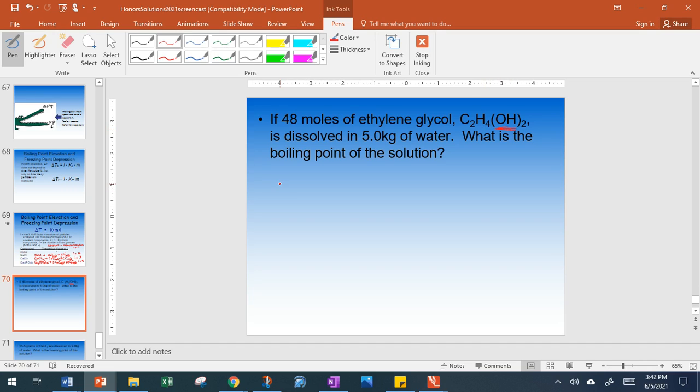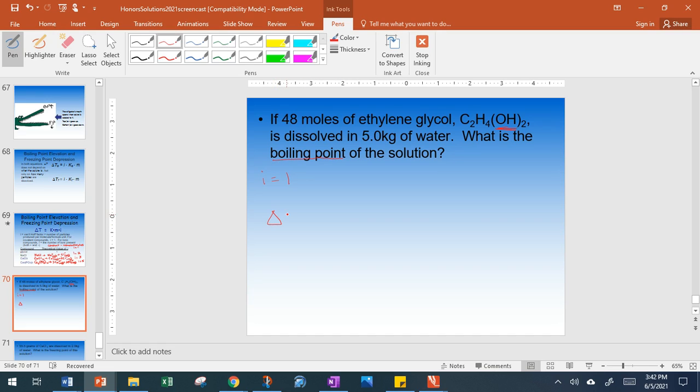So this is covalent. So in this case, i is equal to 1. So always be careful if you see a hydroxy group. Only assume it's ionic if you see it paired up with a metal. If you see it paired up with carbon and hydrogen, then you have an alcohol, which will have an i equal to 1. So here we're asked about the boiling point.